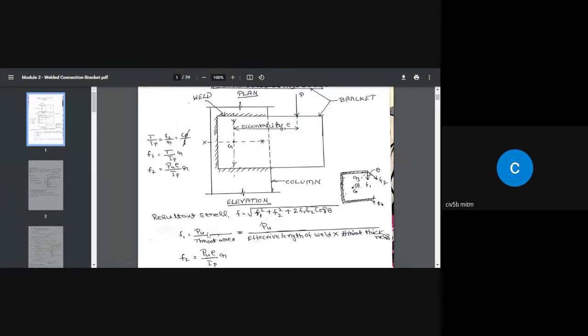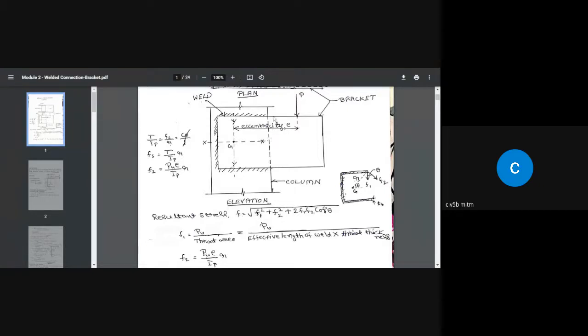Okay. So as far as F1 is concerned, the weld is subjected to a uniform shear stress of F1 throughout. That is due to the direct action of the load P. Due to the torsion, the shear stress in each unit area of the weld along this length varies.